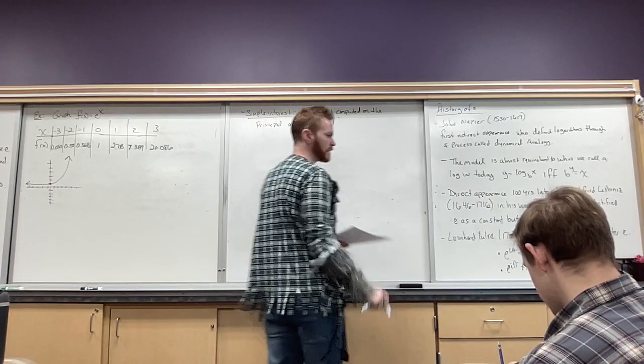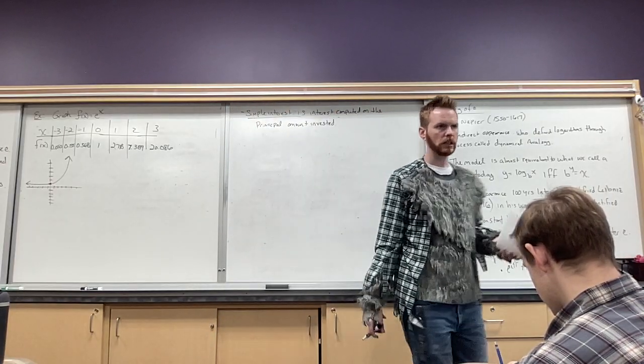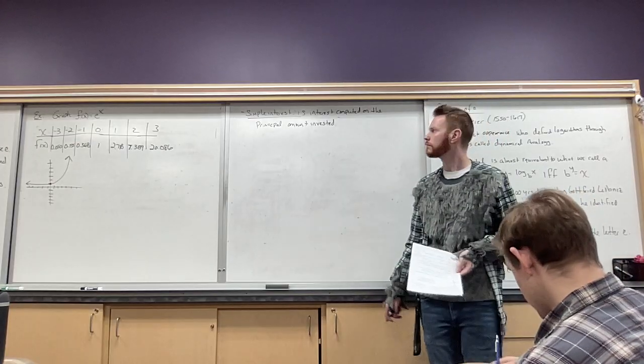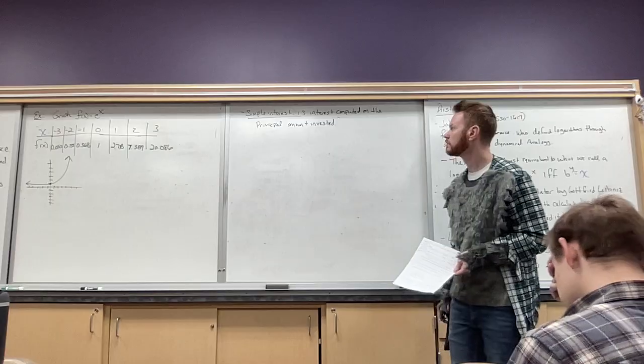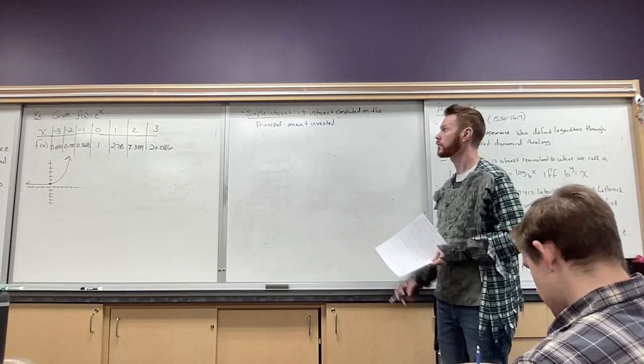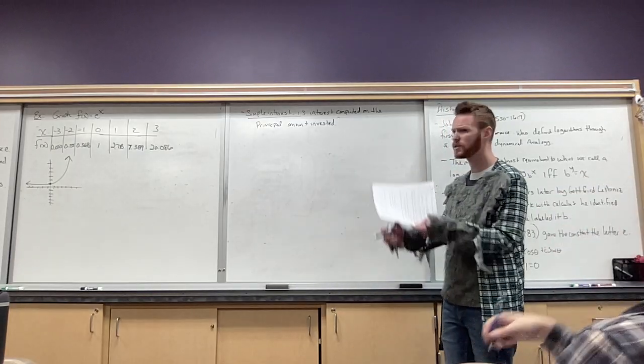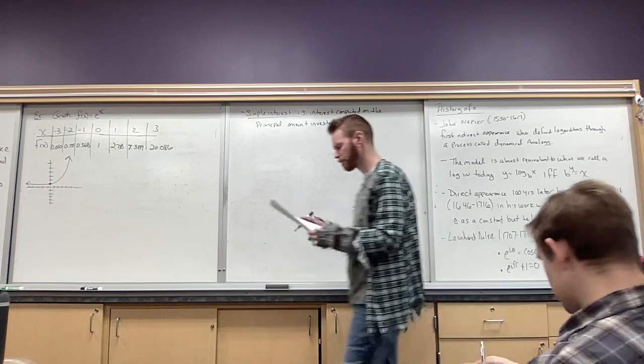So let's say you invested $5,000 in something, and the interest rate was 4%, okay? So you would take the 4% on what you invested and come up with what your account balance would be afterwards, given some amount of time that has occurred.